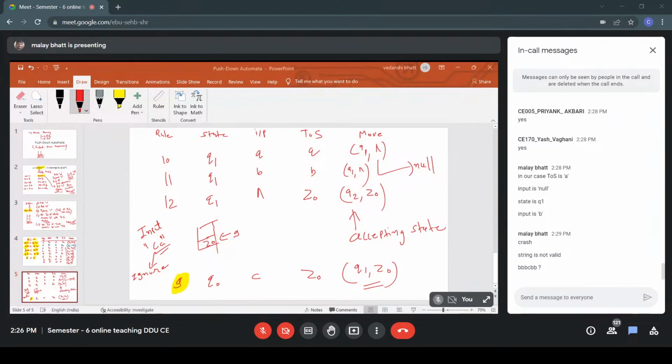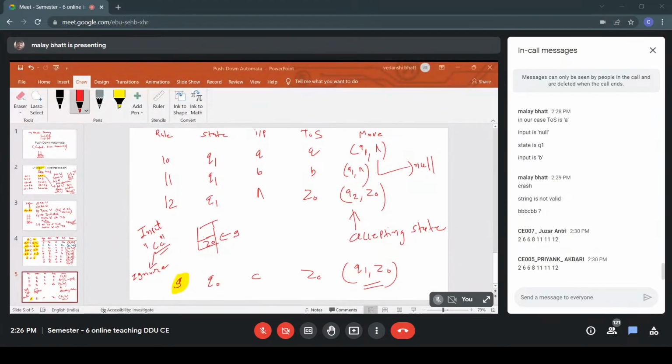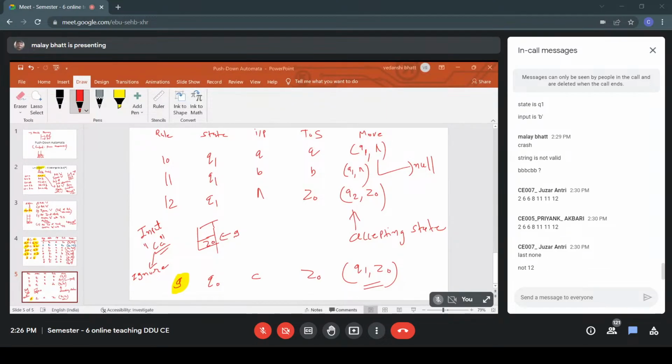Yes, first is 2, then 6 and 6 for push operation, then 8 for ignore, then for BB, 2 times 11, then 12. So it is accepted.